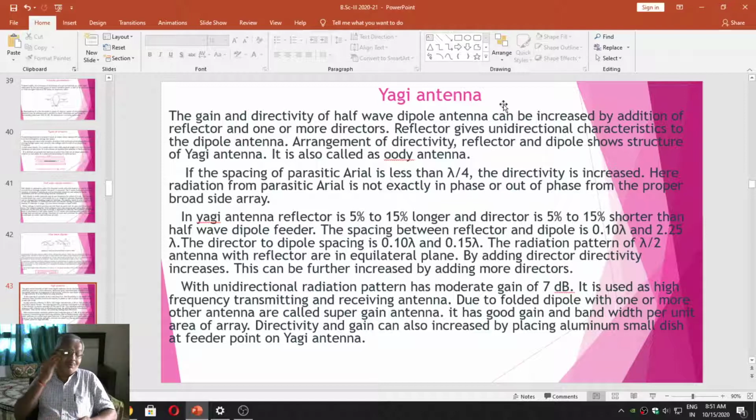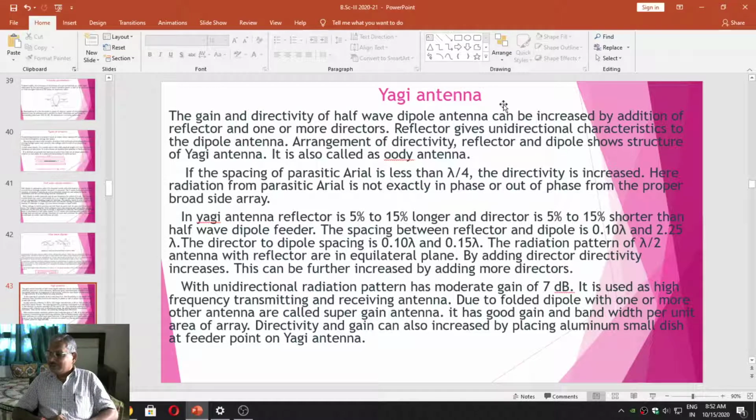And if we want to improve the gain further, one has to introduce an aluminium dish, which we used in olden days for domestic purposes. If you connect such a small dish at the feeder point, definitely the directive gain of that antenna is going to increase.